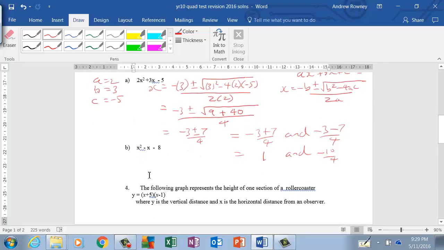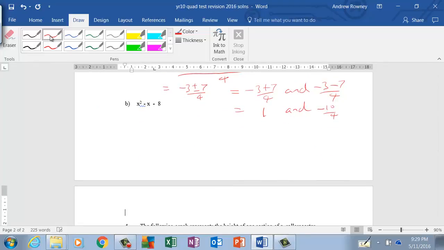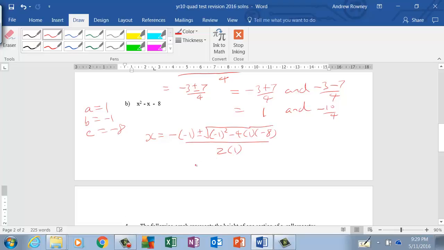Okay, the next one is x squared take x minus 8. Once again, we do the quadratic formula. a equals 1, b equals minus 1, c equals minus 8. Quadratic formula is x equals minus b plus or minus the square root of b squared, take 4 times a times c, all divided by 2a.